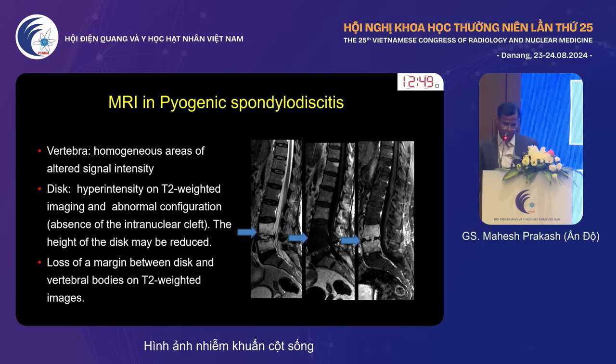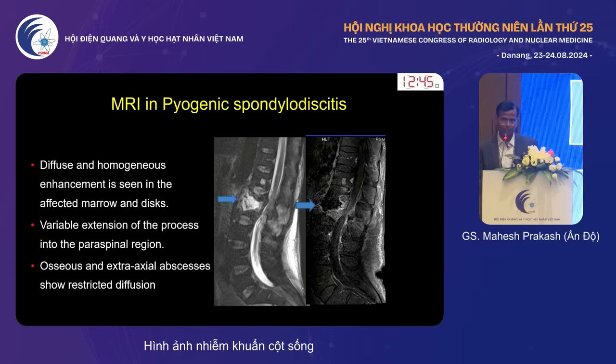And if there is a prevertebral and paravertebral collection, then the possibility is more likely. When the infection is delayed or treatment is not adequate, it can lead to more vertebral destruction, collapse of the vertebrae, and neural compromise.